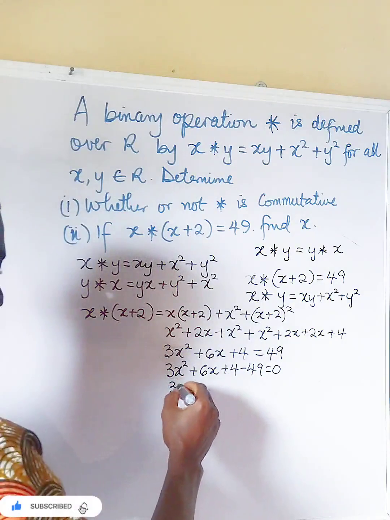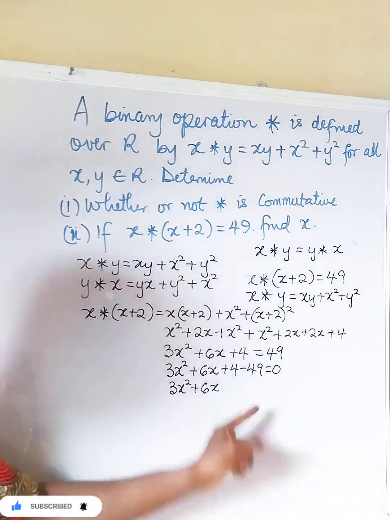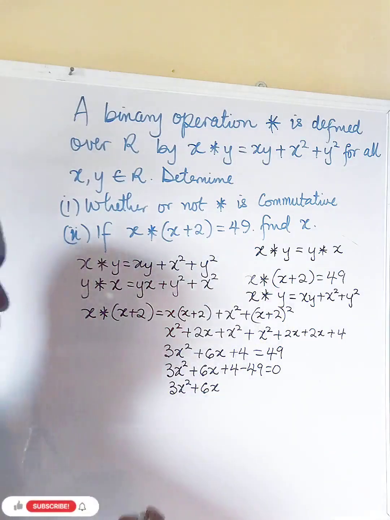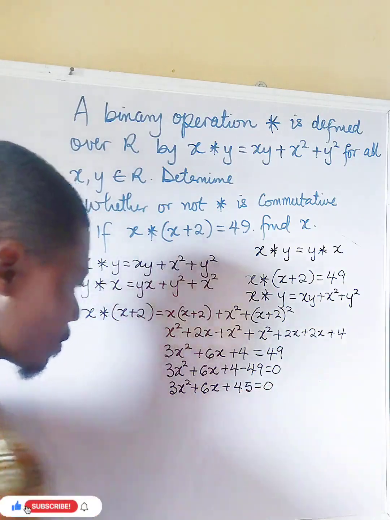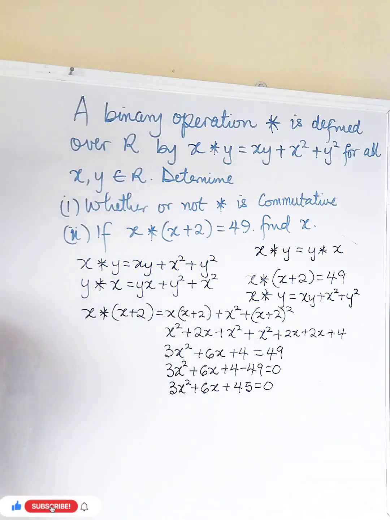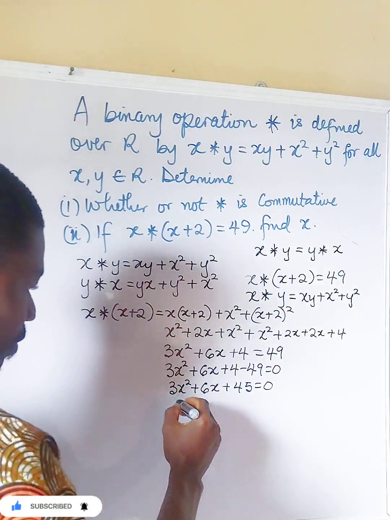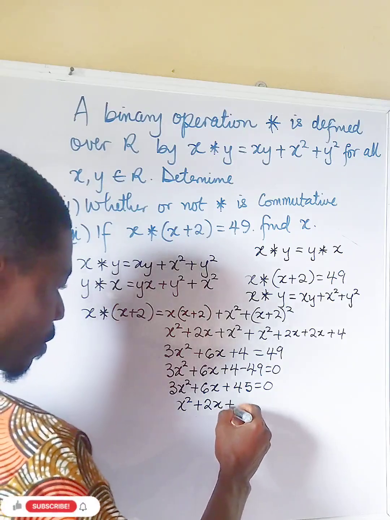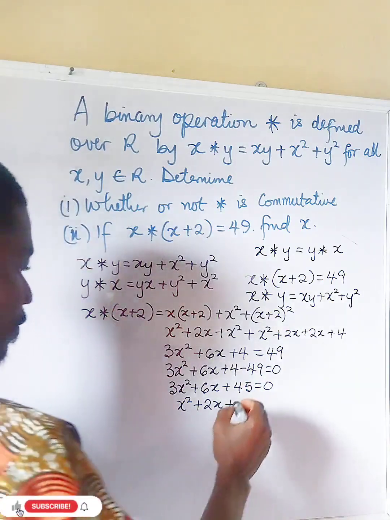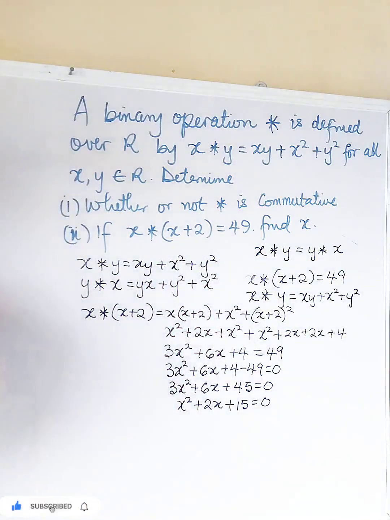So here you have 3x squared plus 6x minus 45, all equals 0. I guess 3 can go through in all, so let us divide through by 3. We are left with x squared plus 2x minus 15, all equals 0.